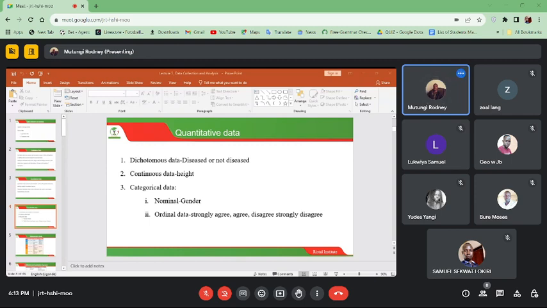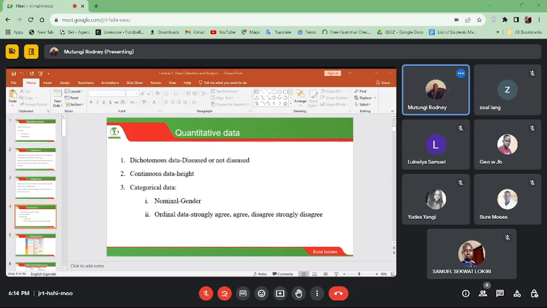So when you ask a question and you want to assess, perhaps, knowledge about nutritious food, you can pose a question, for example: do you believe babies or children under 5 years require iron in their food? So you put those answers of strongly agree, agree, disagree, and then strongly disagree.